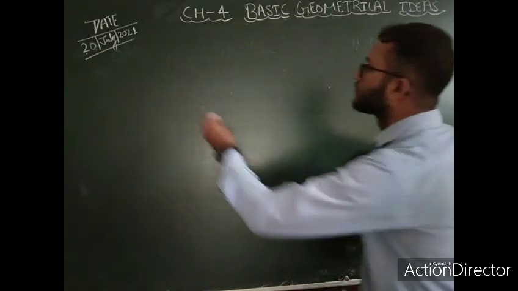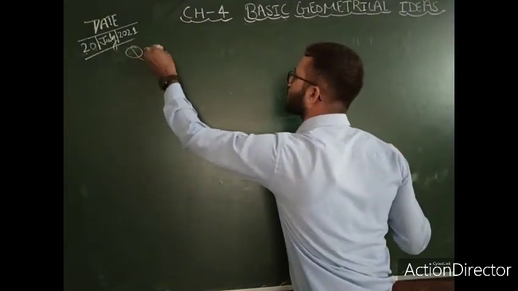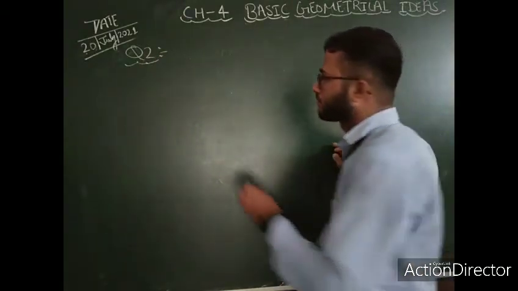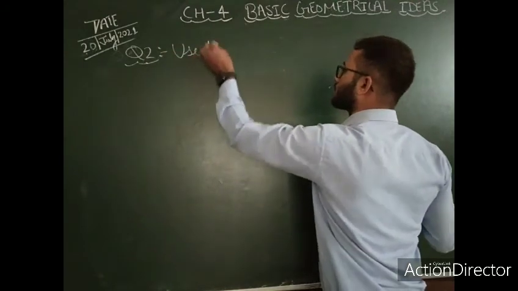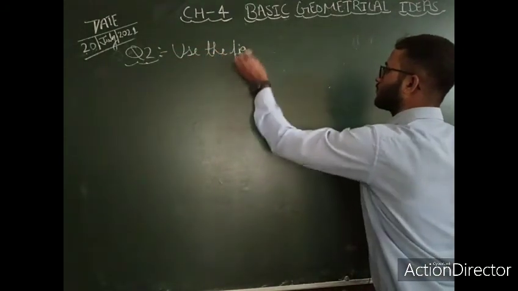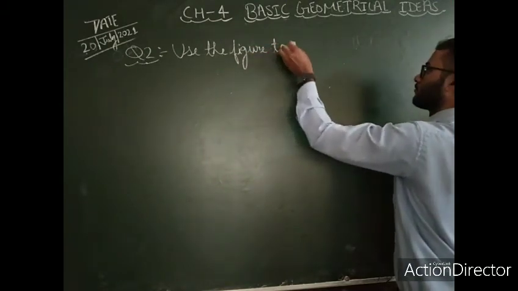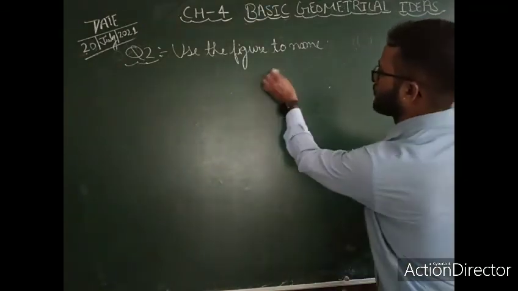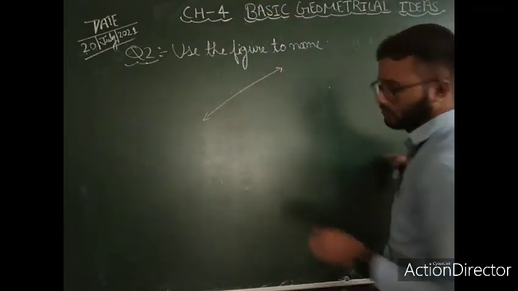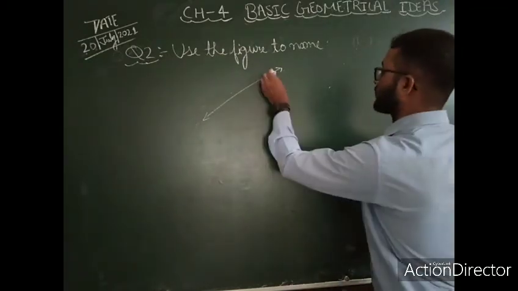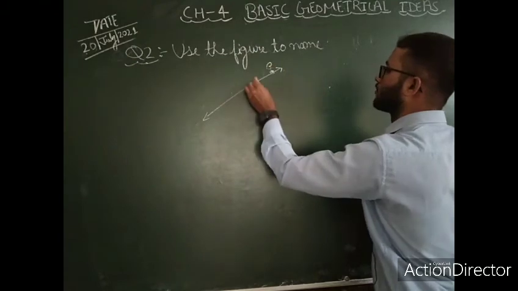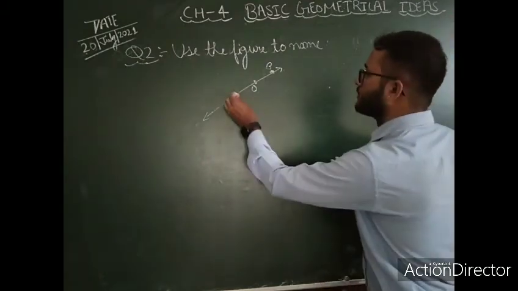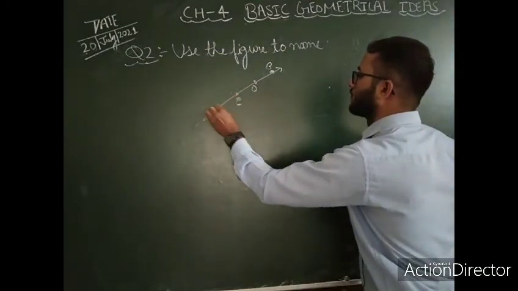Now the question is: use the figure to name the points, line, rays and line segments. In the given figure there is a line with points B, O, and ED, E and D here.